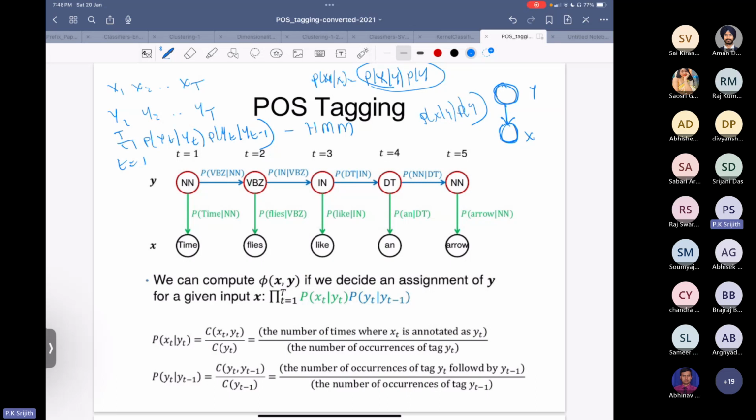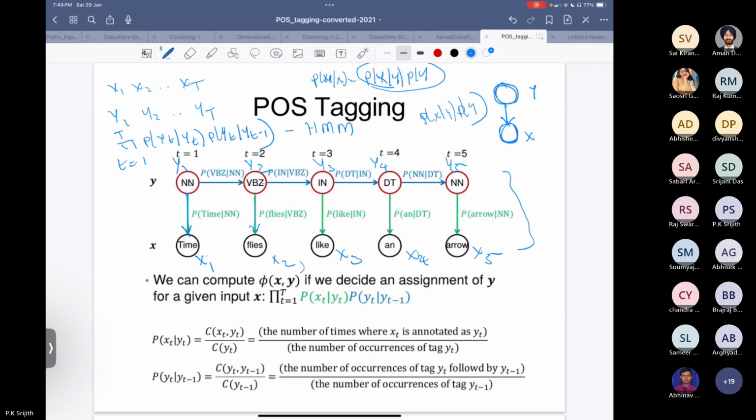this is how the graphical model representation looks. All these are representing your different components of x, x1, x2, x3, x4, x5, and these are different components of y, y1, y2, y3, y4, y5. Your x1 depends upon y1, which is modeled by having an arrow from y1 to x1. This is repeated across all your x2, y2, x3, y3, etc. x2 depends upon y2, so we have an arrow from y2 to x2 like that.